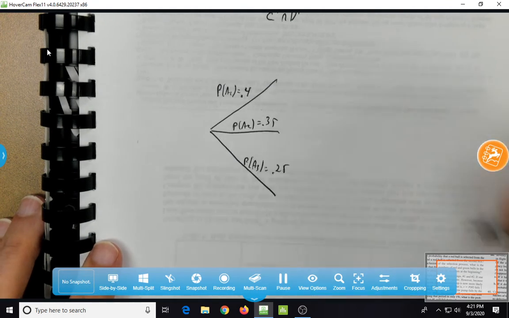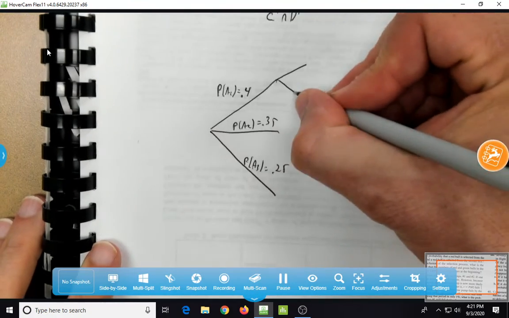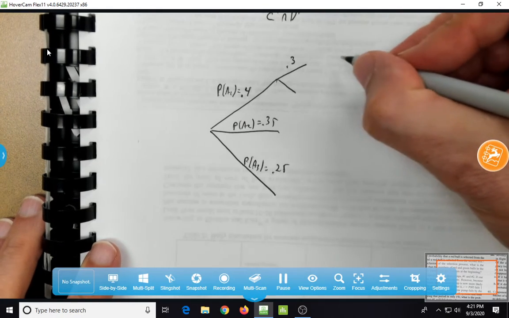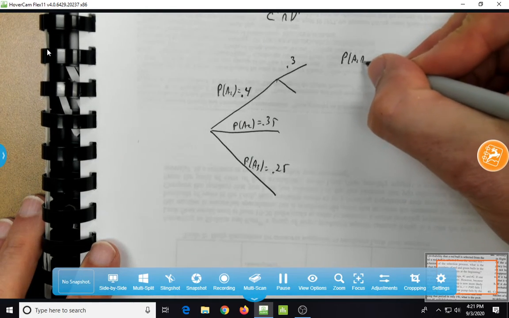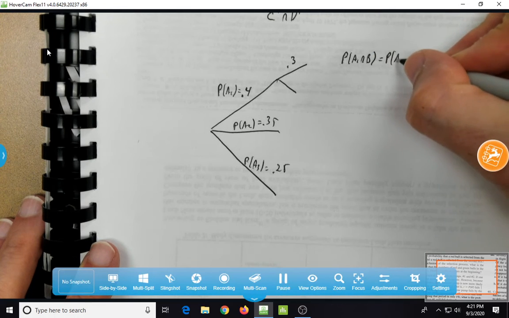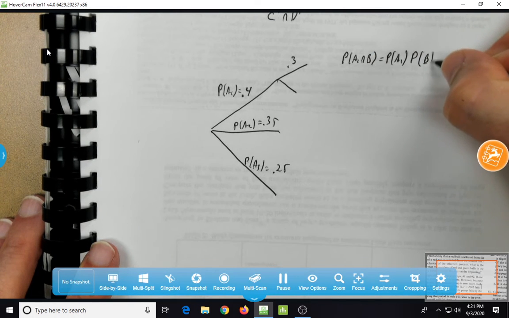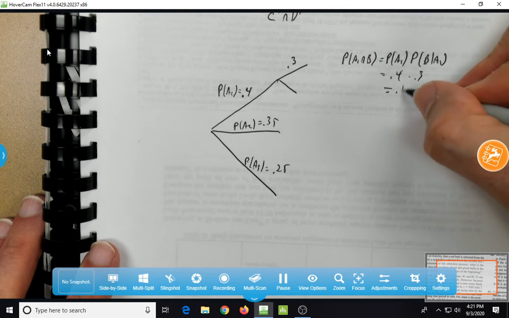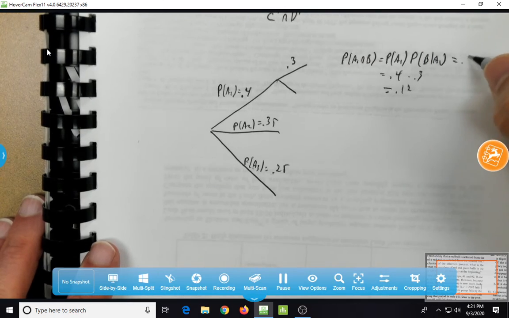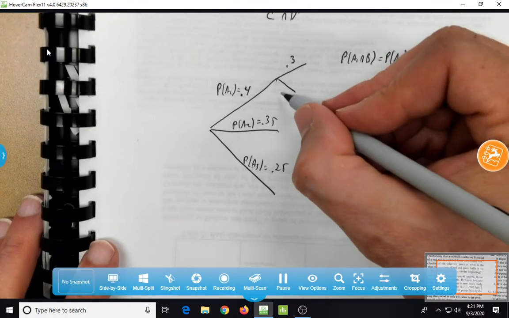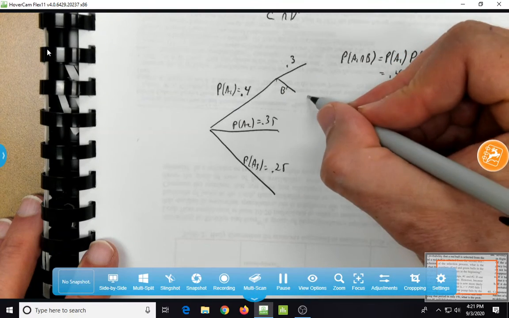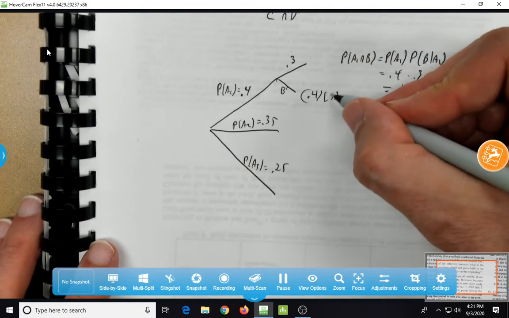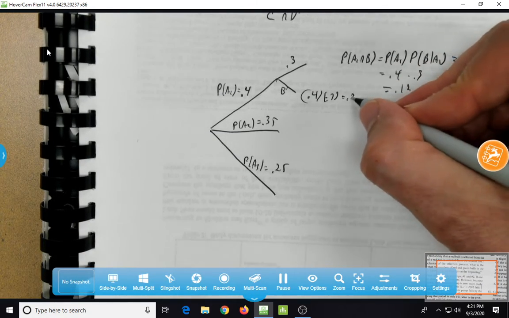So now we need to figure out the rest of the probability, and this would be 0.3. To put those together, we get the probability of A1 intersect B is equal to the probability of A1 times the probability of B given A1, and so that's 0.4 times 0.3, which gives me 0.12. The complement, B complement, will be 0.4 times 0.7, or 0.28.